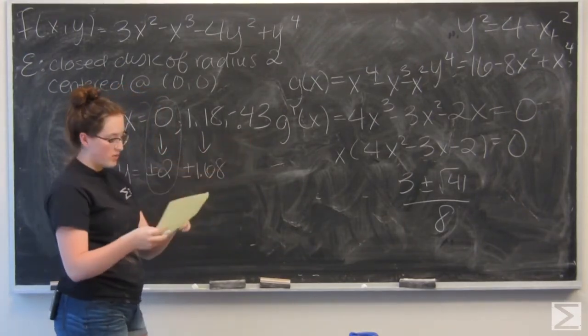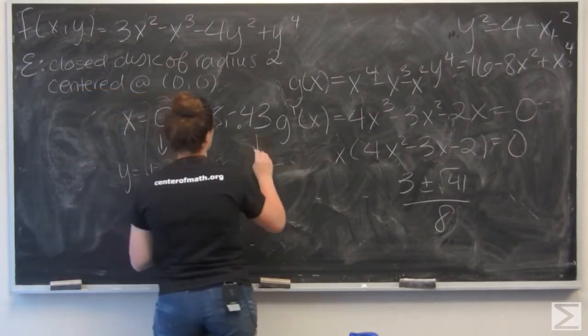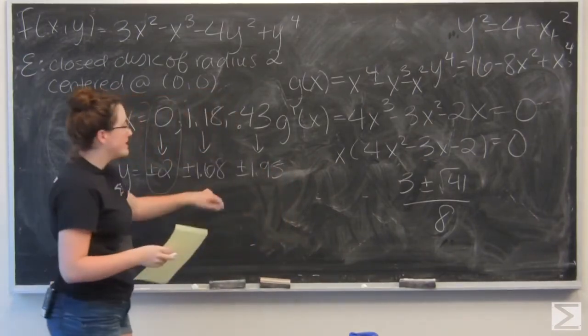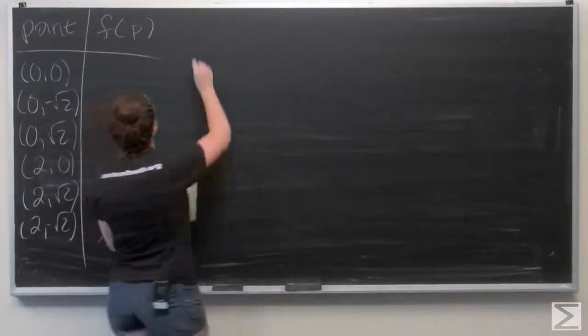And then for negative 0.43, y equals plus and minus 1.95. So I can use this information to add 6 new points to my chart over here that I need to check.